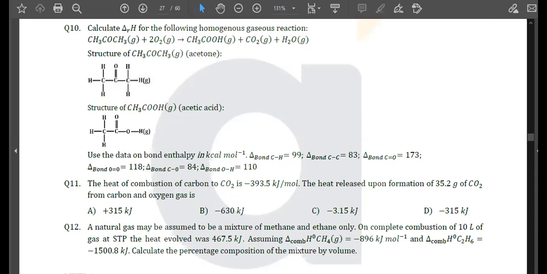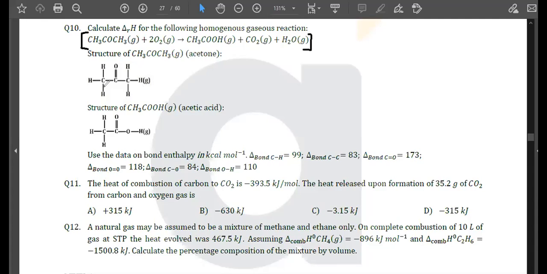Everyone, just see question number 10. Now, when you see question number 10, what is given? What you have to find? You have to find delta H for this reaction. Just think about this reaction. Now, don't you think that this can be solved using bond enthalpy?